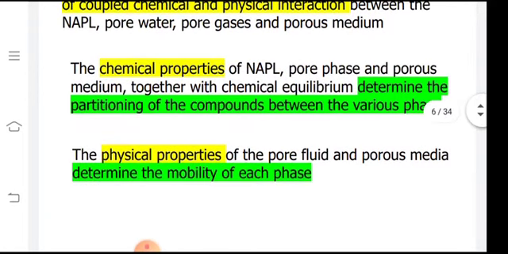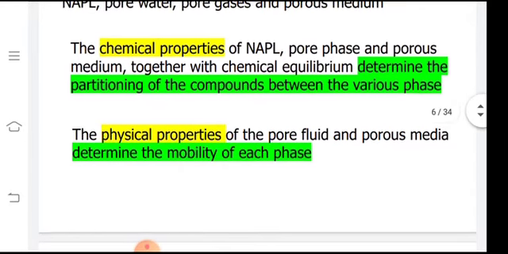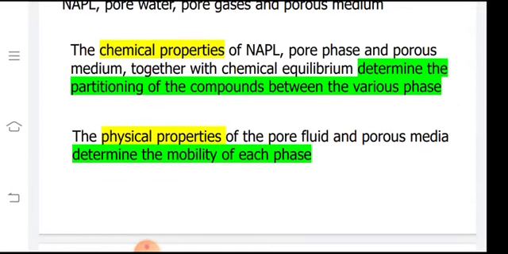The chemical properties of NAPLs, pore phase, and porous medium together with chemical equilibrium determine the partitioning of the compounds between the various phases, while the physical properties of pore fluid and porous medium determine the mobility of each phase.